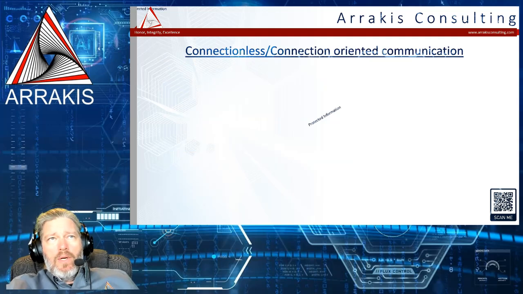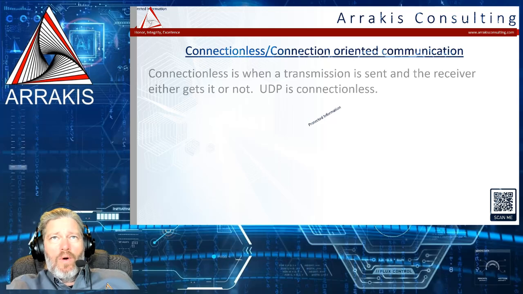All right, also at the transport layer, we have what's known as connectionless and connection-oriented communication. So connectionless communication is pretty much data is sent, and hopefully the receiver got it. If the receiver didn't get it, then too bad, so sad. That is the way it is.